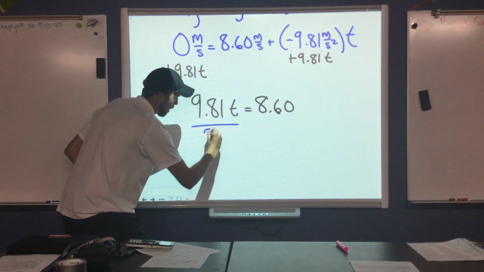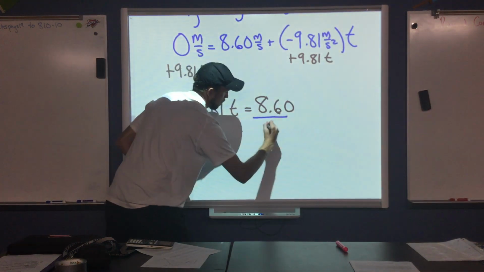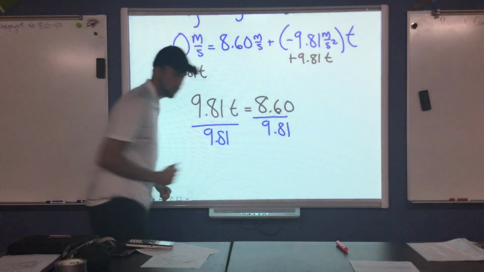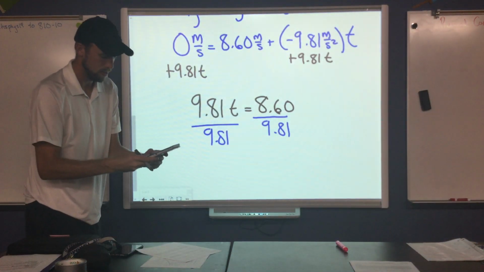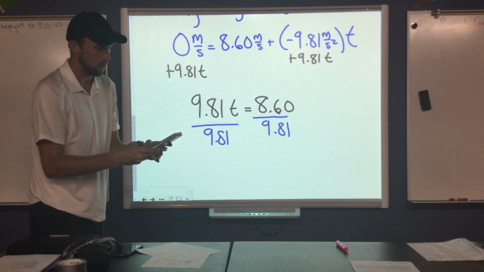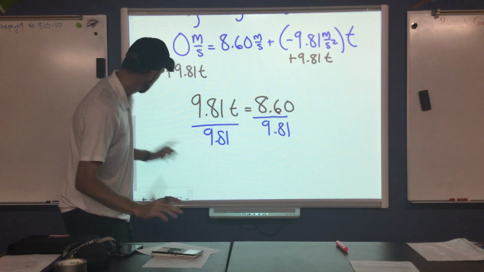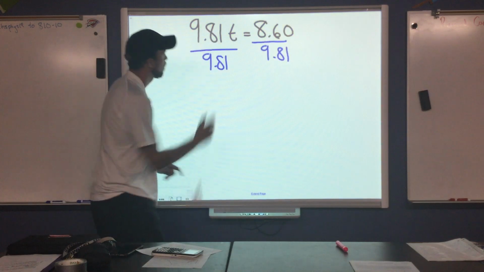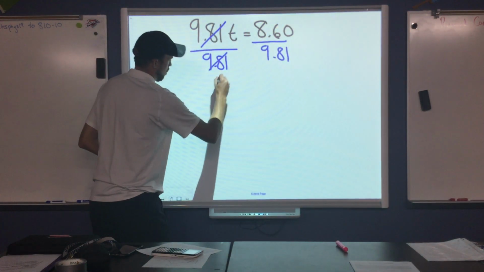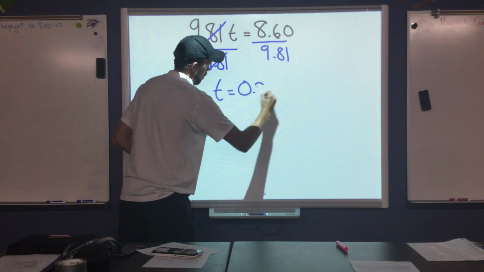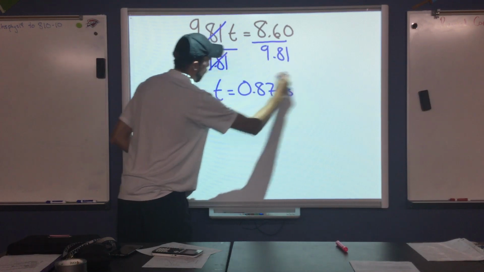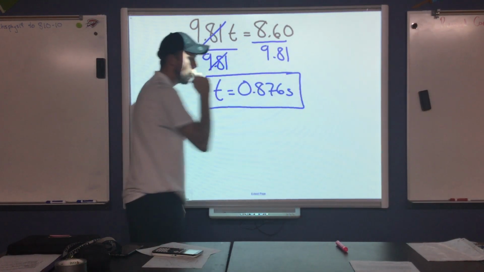We will then divide by 9.81 on both sides. So 8.6 divided by 9.81 gives us about 0.876 seconds. Now, why do we do that?